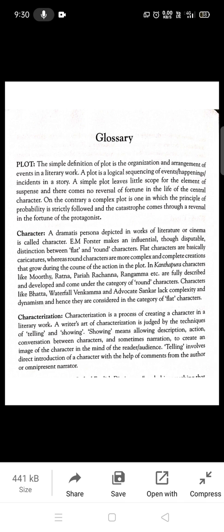E.M. Forster defines two types of characters. One is the flat character, and the other one is the round character.